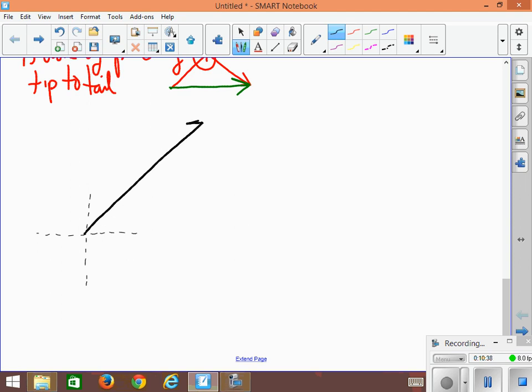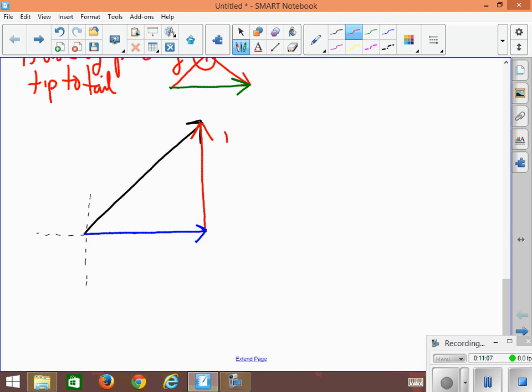There it is, Mr. Vector. There are two vectors that would tell me more about this, that could be arranged tip to tail, start at the beginning and end at the end. I'll draw them in a nice blue color. One of them is the vector that follows the x-axis. And the other one is the vector that follows the y-axis.